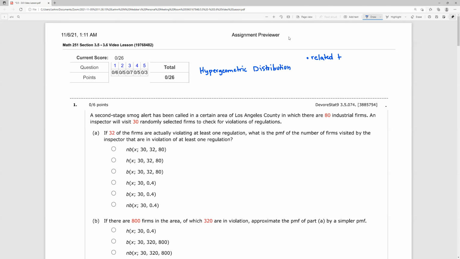Related to binomial distribution, which remember had independent trials, a fixed number of trials, and what we call a two-branch system of probabilities, that we have successes or failures.